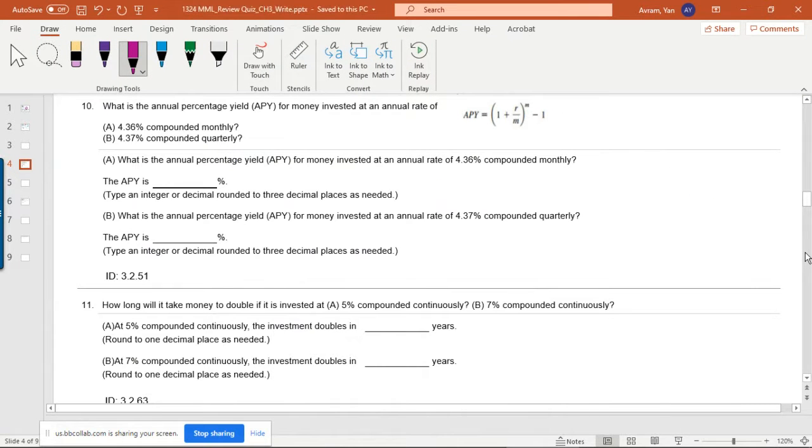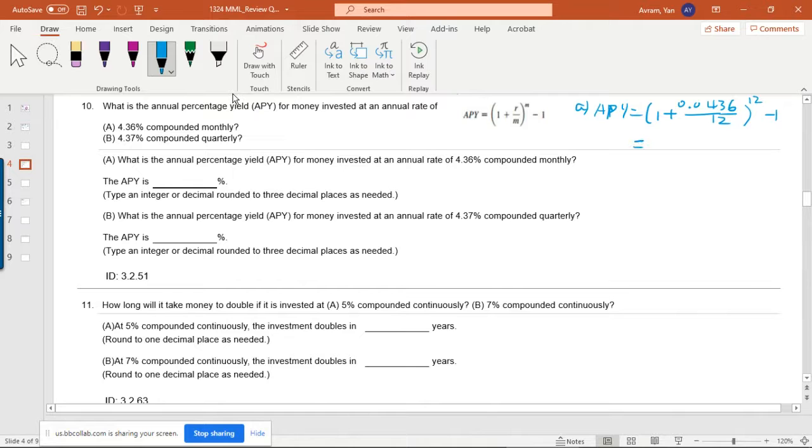Okay, so I will calculate the A. If I convert this one into APY for A, my APY here will be 1 plus r. r here is 0.0436, right? And this is monthly, so it will be divided by 12, and then to the 12th power, minus 1.